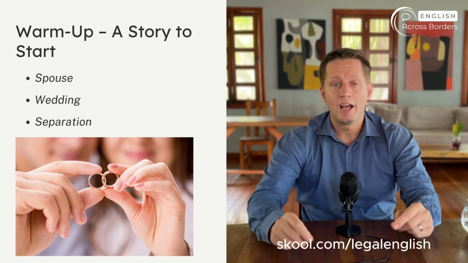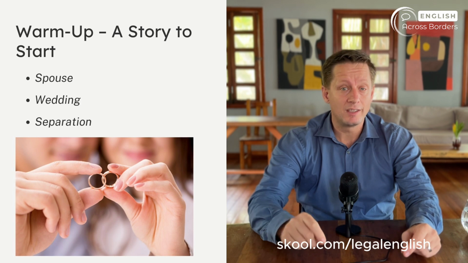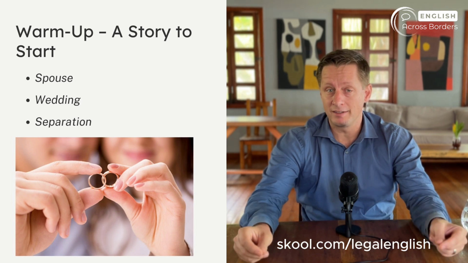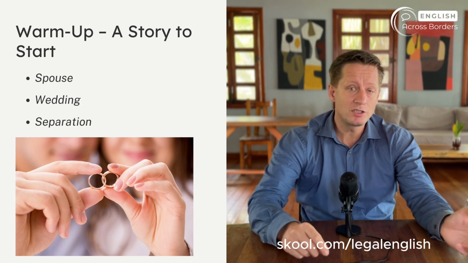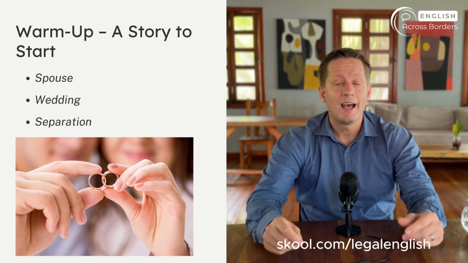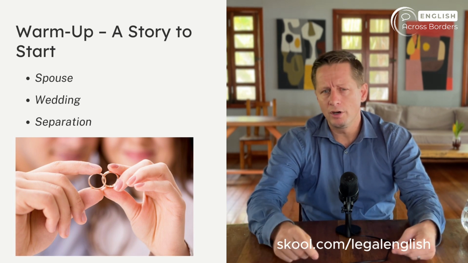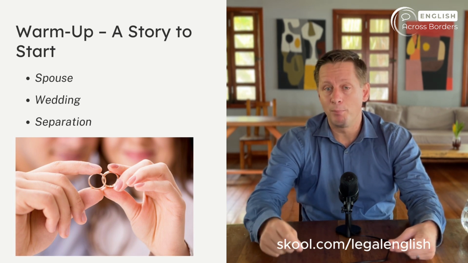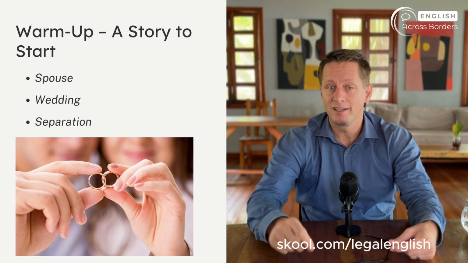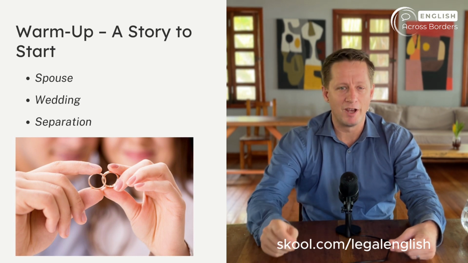This story helps us understand the key words and legal processes behind marriage and separation. As we continue, we will learn how to talk about these important family law topics clearly and professionally. First, the word spouse. This is a formal legal term used to describe a husband or wife, the person you are legally married to.